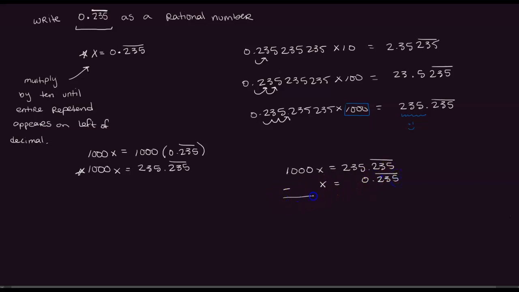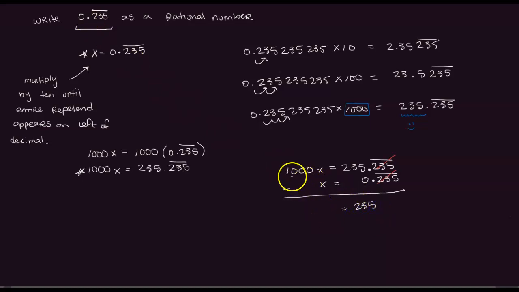And I'm lining up my equations vertically so that my decimals line up on the right-hand side of the equation, because visually it makes it a little easier to see that when we do the subtraction, the repeat ends are subtracted off. So on the right-hand side, I'm left with 235.